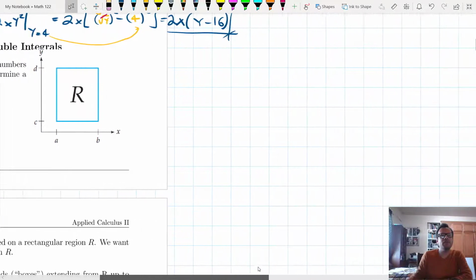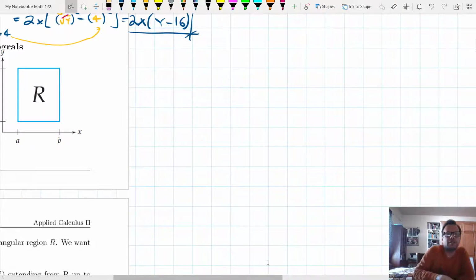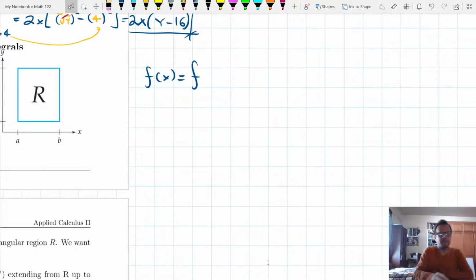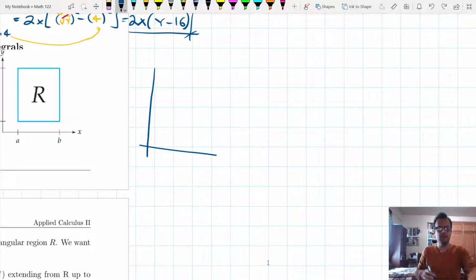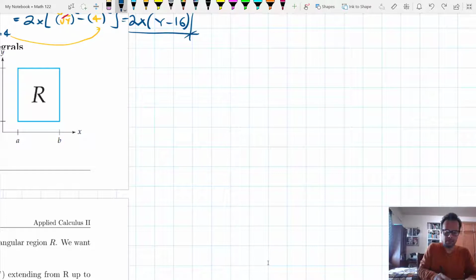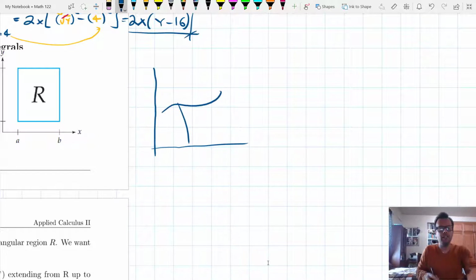Let's go back to Math 121, in which you learned the integral. Suppose you have just a very generic region. This takes us back to the definition of what the integral is.